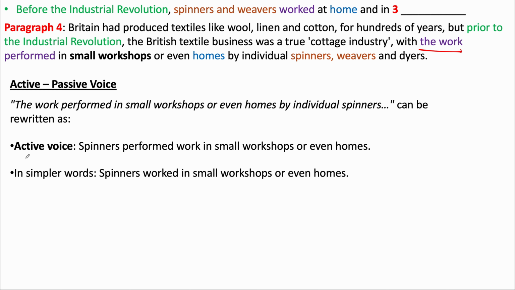We can rewrite this in active voice in a simpler way that spinners, weavers, and dyers worked in small workshops or even homes. From this, we learn that they worked in two places, in small workshops and at homes.